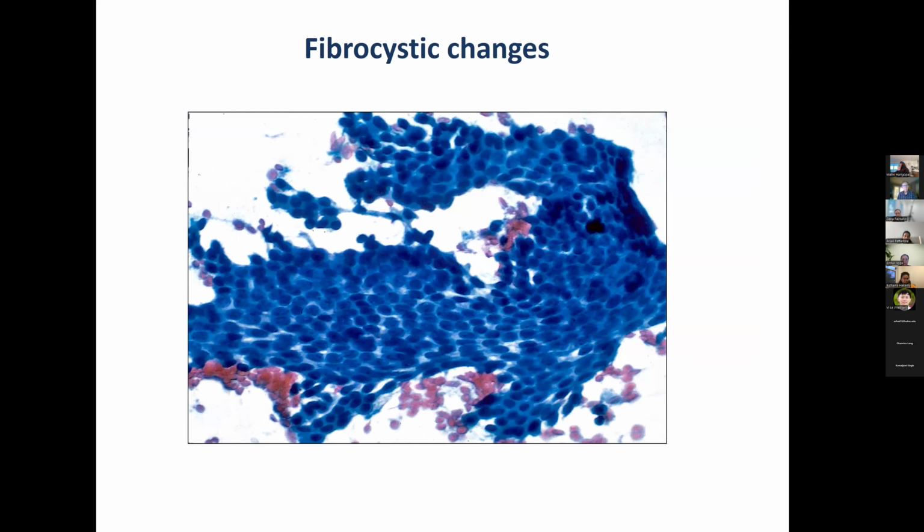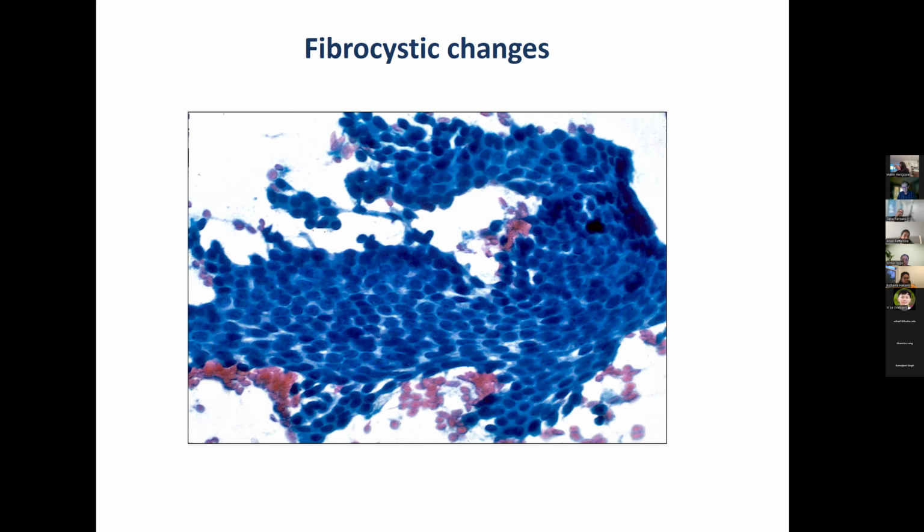Let's look at this one. Here you see how nicely these cells are forming a monolayered sheet. They are respecting the boundaries. There's no nuclear overlapping. And when you are looking under the microscope, you can lower the condenser and raise the condenser, and you will see little sesame dots, and those are the myoepithelial cells.